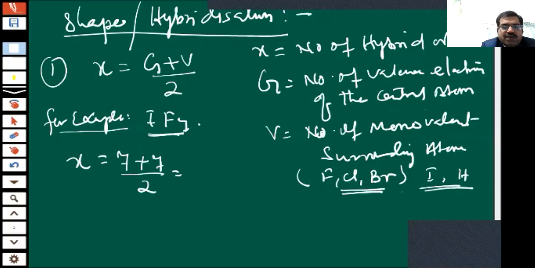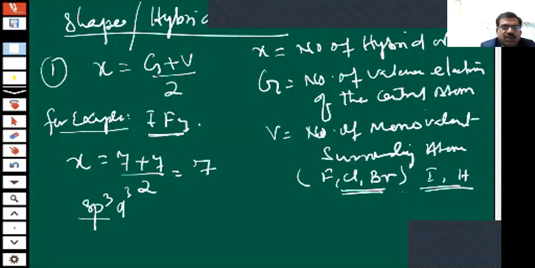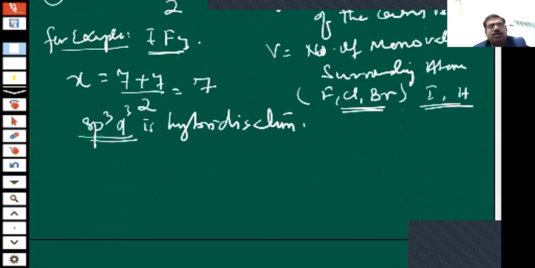So 7 plus 7 is 14, 14 divided by 2 is 7. So the hybridization will be sp3d3. This is the hybridization.